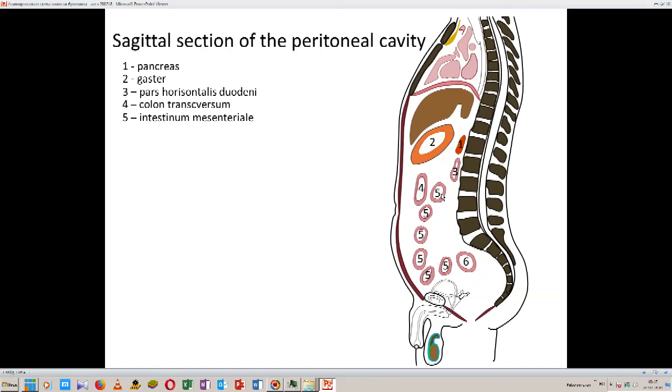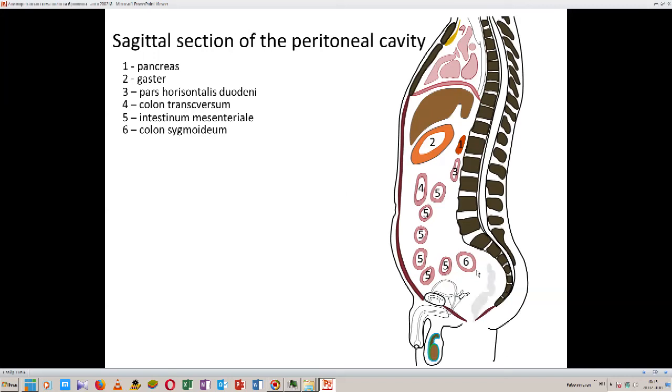So later we shall draw the mesenterium, which holds all these loops of the intestinum tenue. Number 6, here it is, colon sigmoideum, part of the large intestine.